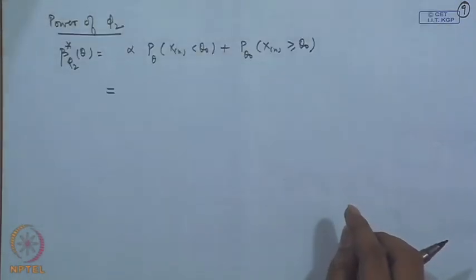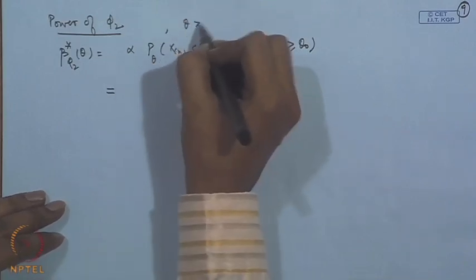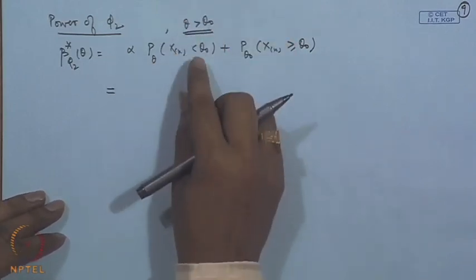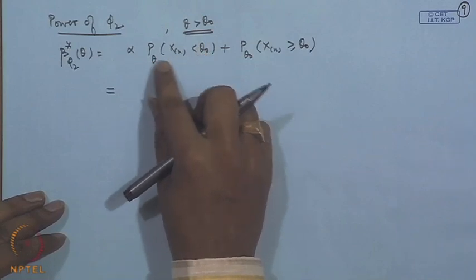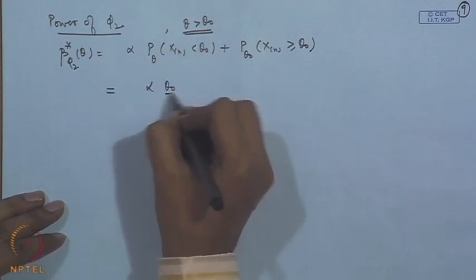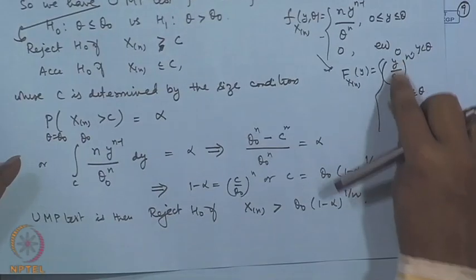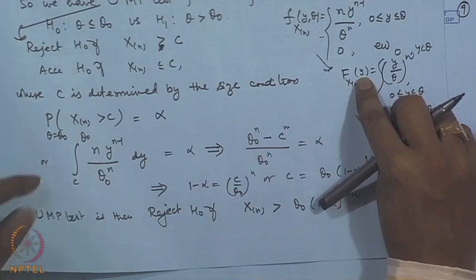Therefore, I can consider this thing here. I am considering in the alternative set theta is greater than theta naught. So, we are going only up to theta naught. So, this probability will be theta naught by theta to the power n, because this is y by theta to the power n, that is the probability up to y.